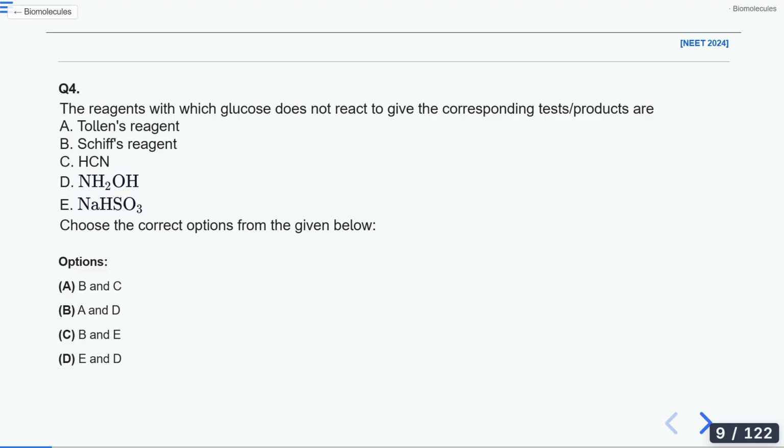Okay. Now here is a question for you. Can you tell me how do you form the Schiff's base? Which ammonia derivative do you take to react with the carbonyl to form the Schiff's base? Anyone, can you tell me? Yesterday we discussed this question.